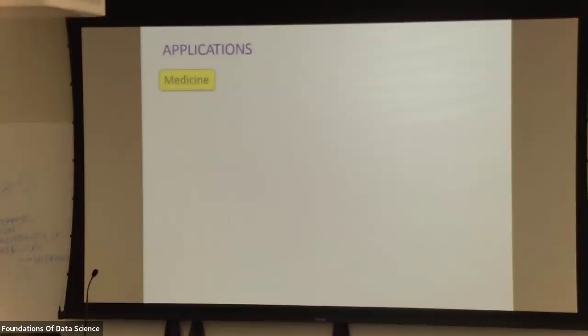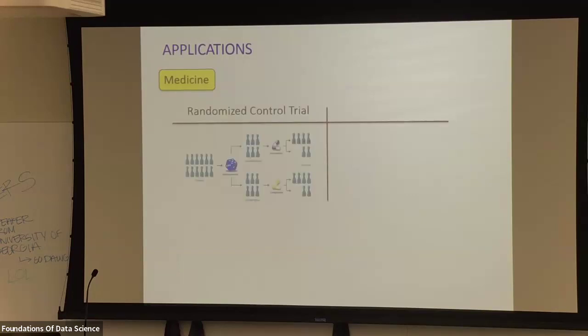Let me tell you one more, which is a cool application I learned about from Ben Recht recently. So let's talk about medicine. One of the basic questions you could be interested in clinical applications is what's the efficacy of a particular drug? Now, in clinical applications, the gold standard for evidence is the randomized control trial.